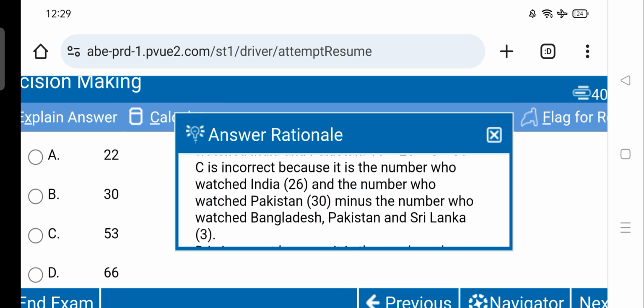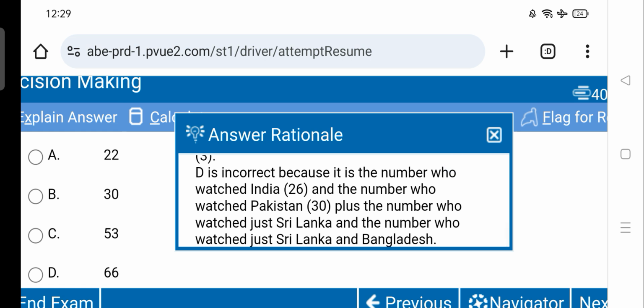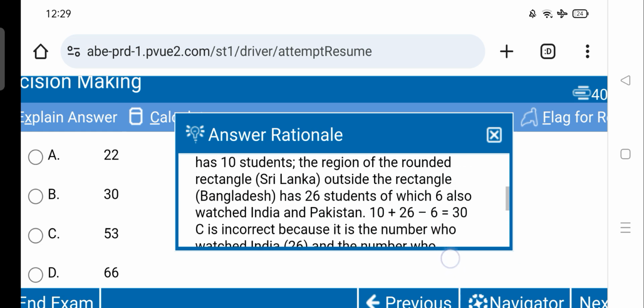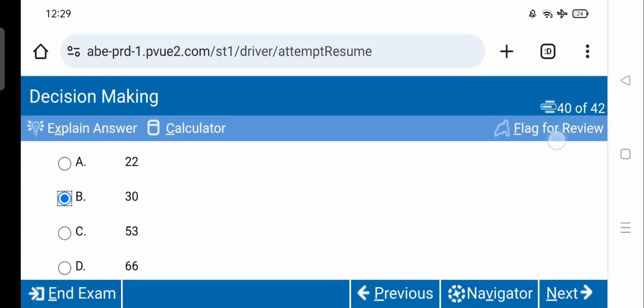C is incorrect because it is the number who watched India and the number who watched Pakistan minus the number who watched Bangladesh, Pakistan and Sri Lanka. D is incorrect because it is the number who watched India and the number who watched Pakistan plus the number who watched just Sri Lanka and the number who watched Sri Lanka and Bangladesh. So the correct option is option B, which is 30.